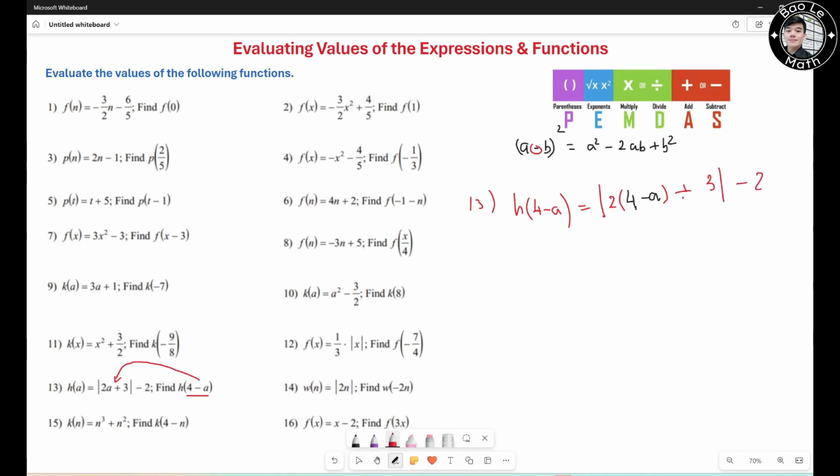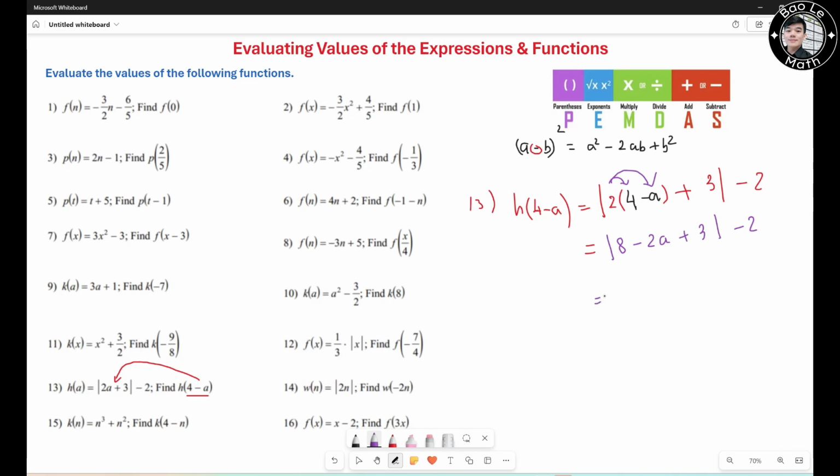Minus 2. Alright, so we need to distribute this guy. So it turns out to be the absolute value of 8 minus 2a, plus 3 minus 2.